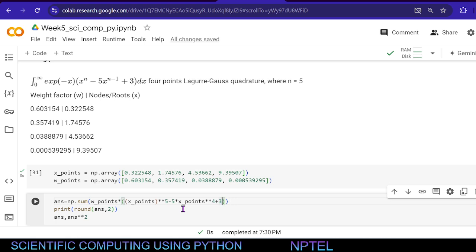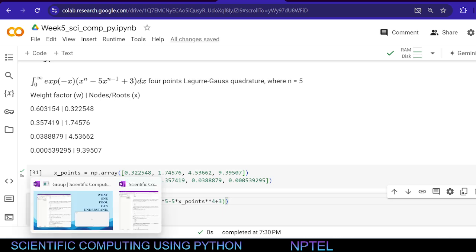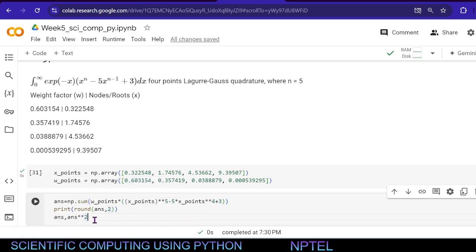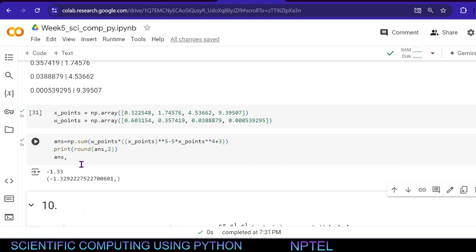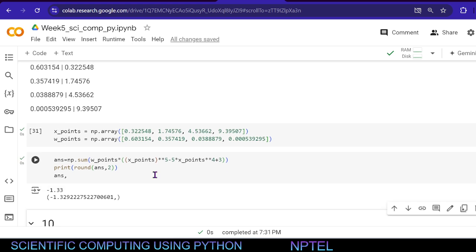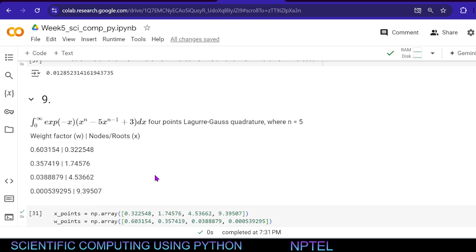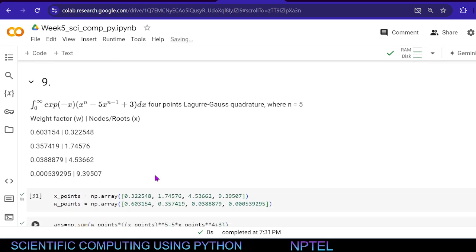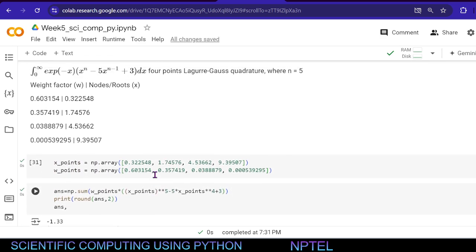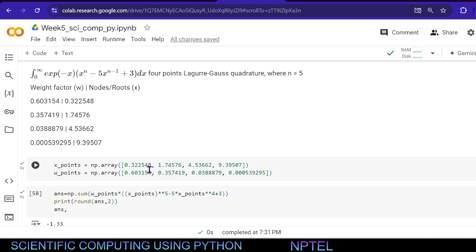Are the brackets alright? Seems like that. So minus 1.33. That is not correct again. Did I write the weights correctly?